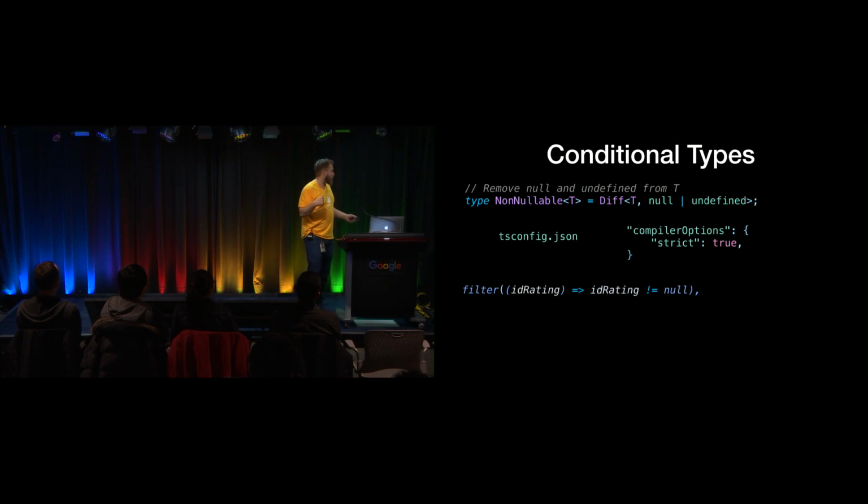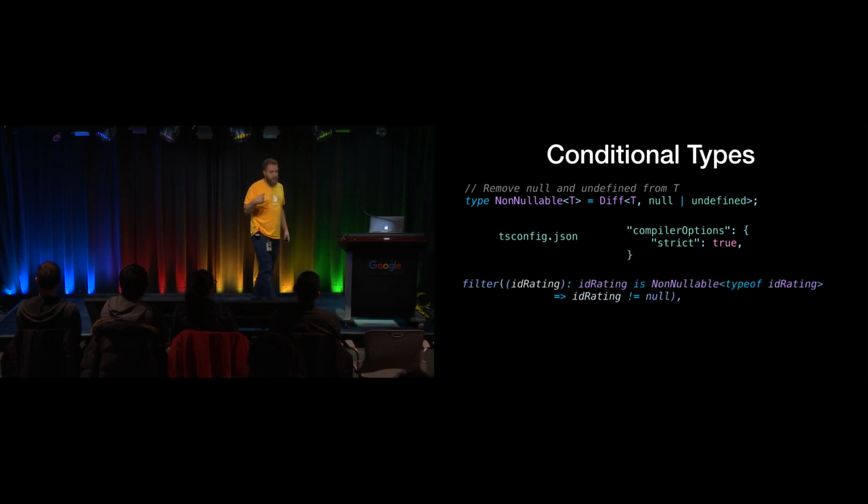So what do we do? Well, we use it sort of like a type guard, saying that after this function is run, we'll specify the return type of this function, right? We'll specify that ID rating is non-nullable of whatever ID type was before. Here ID rating could be a primitive, maybe number.